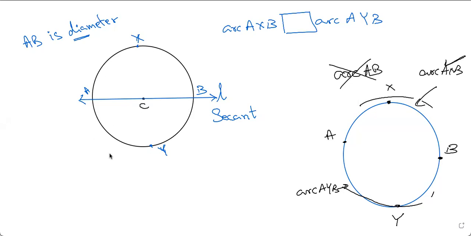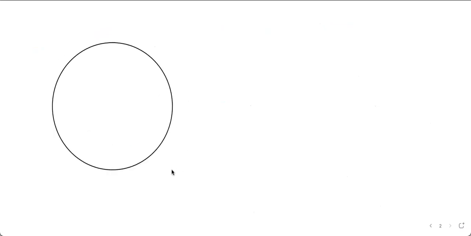Okay. Let us go back to the textbook. Or why do we need to go back to the textbook? You tell me. If I ask you how big an arc is, let us draw another circle. Let us show a center.